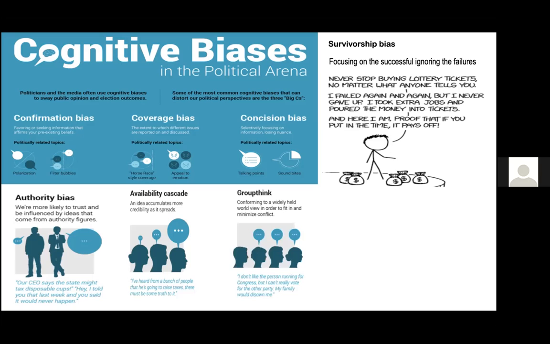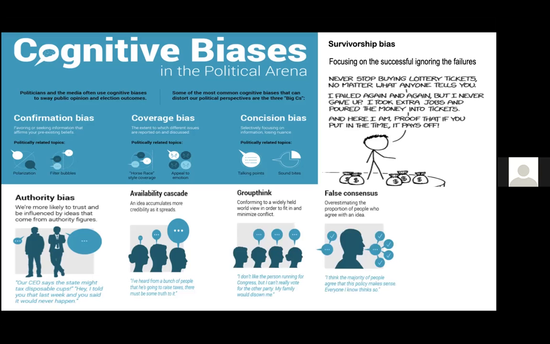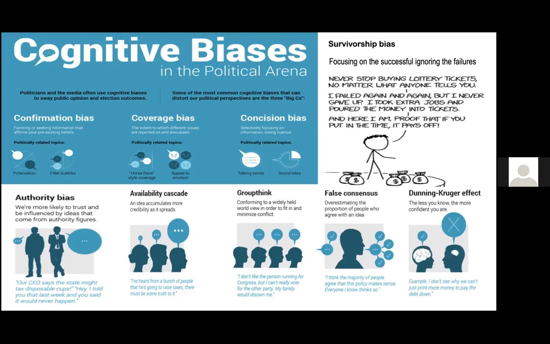And groupthink is when you conform to a widely held worldview in order to fit in. So you want to minimize conflict, you want to be accepted. False consensus, when you overestimate the proportion of people who agree with you. And this one that is very, very common, the Dunning-Kruger effect, is that for some reason, the less you know, the more confident you are.